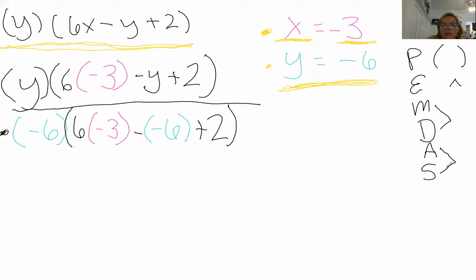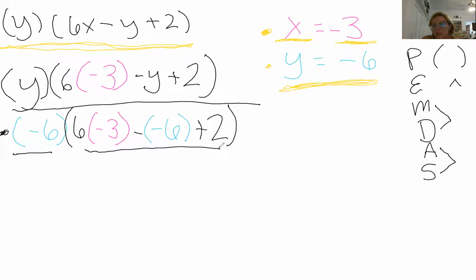So first, let's start inside parentheses. Done. Cool. That's it. We can't do anything in there. So that part is done. We're going to move instead into this chunk of our parentheses, okay? So inside there, I have 6 times -3 minus -6 plus 2.